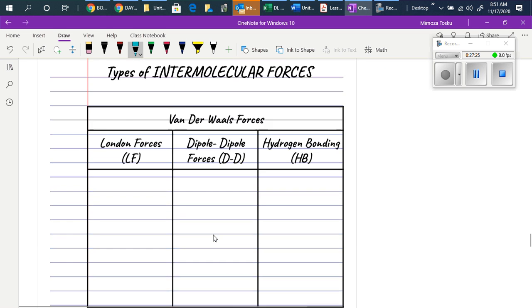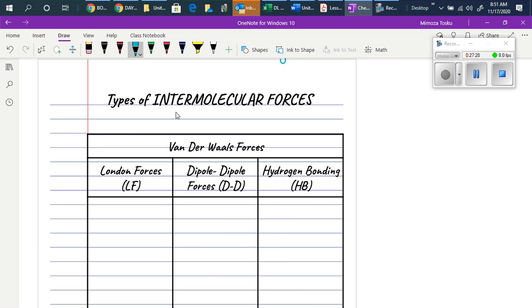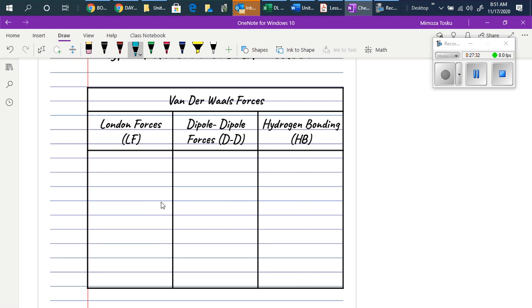Okay, so let's talk now about the types of intermolecular forces. There are three types of forces that are known as the intermolecular forces, so forces between molecules. The first one is London force, which is known as LF, the convention that we use.